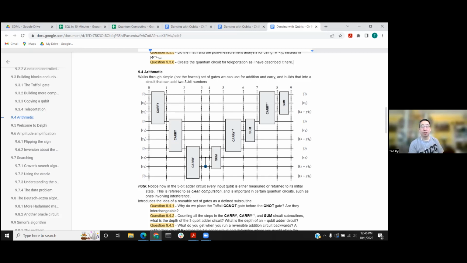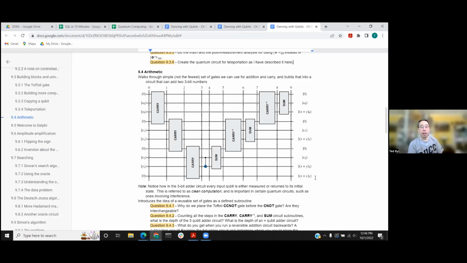Here are your inputs: a bunch of zeros in these ancilla bits, and X has X0, X1, and X2, and Y has Y0, Y1, and Y2. In the end, where the Y's used to be, you have the output 0, 1, 2, and now the extra third bit for X plus Y, since there can be a carry.